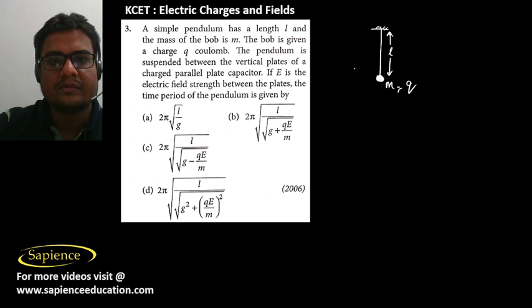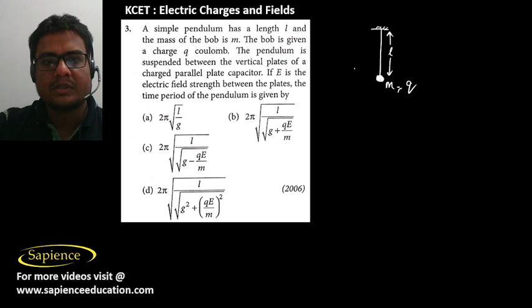If E is the electric field strength in between the plates, the time period of the pendulum is given by this. So here we have an electric field in between the plates of a parallel plate capacitor.